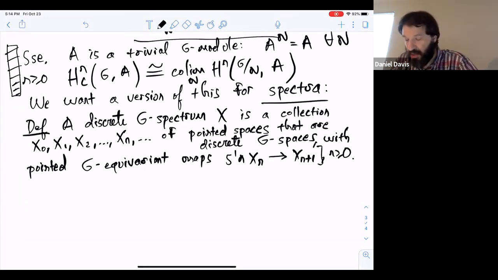The source and target naturally have the discrete topology in this setting, and so this map is automatically continuous.